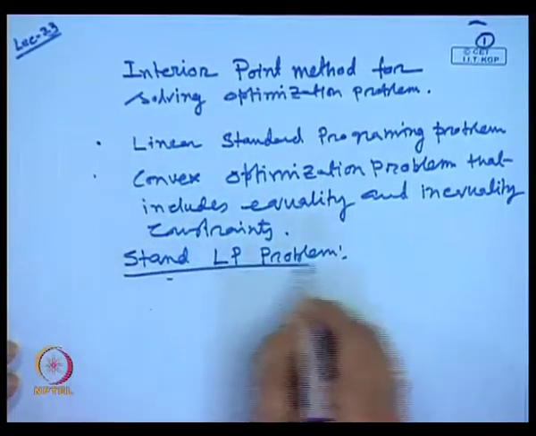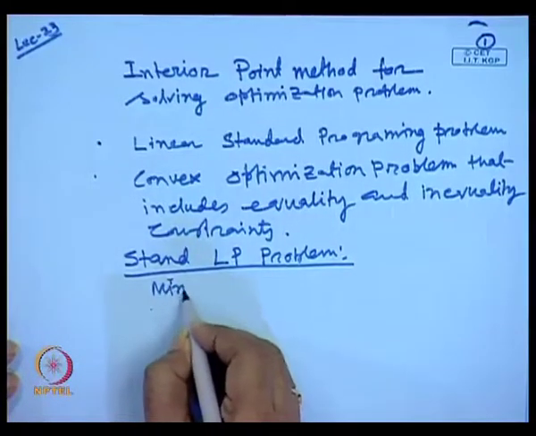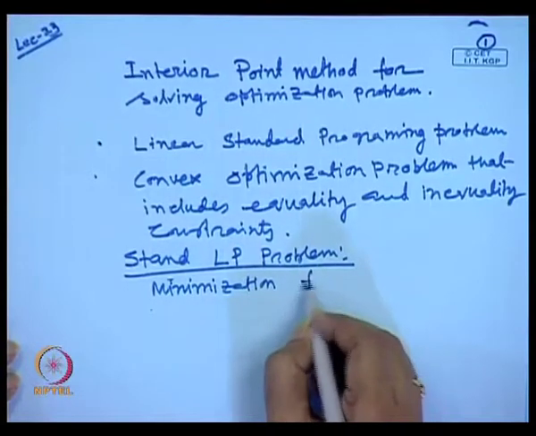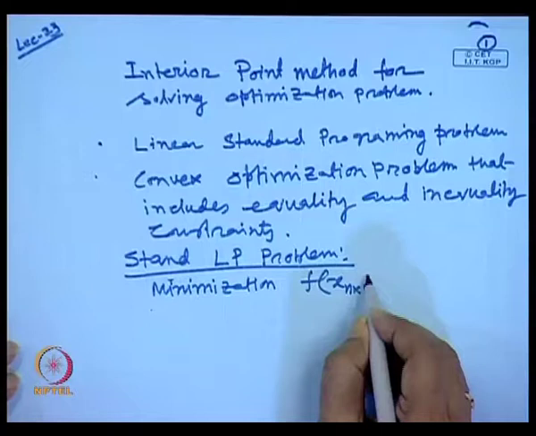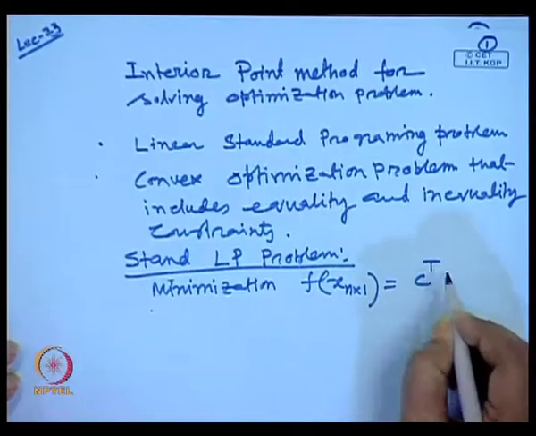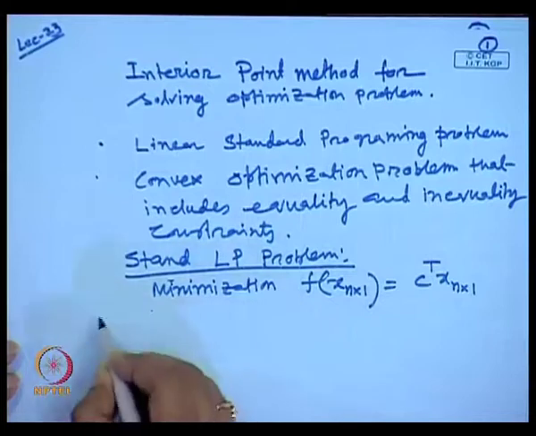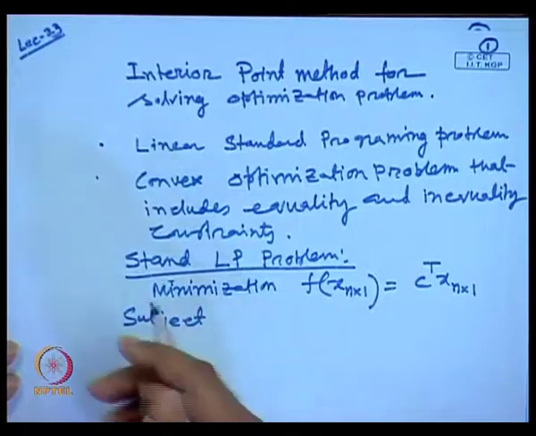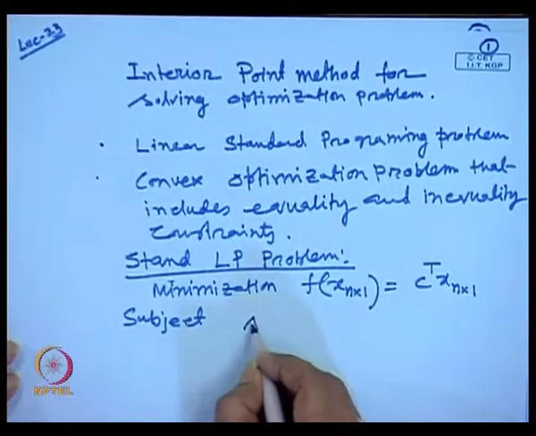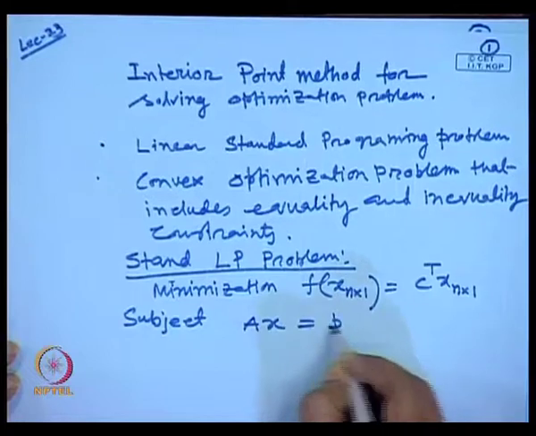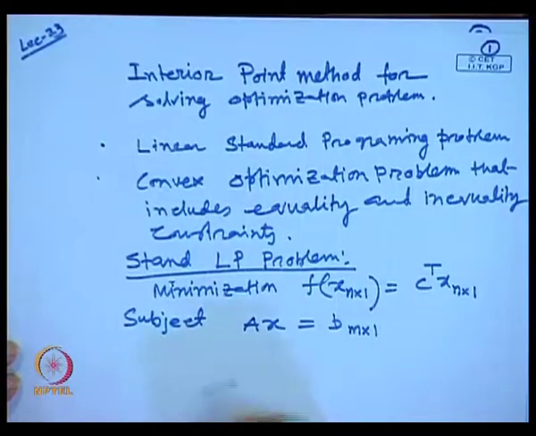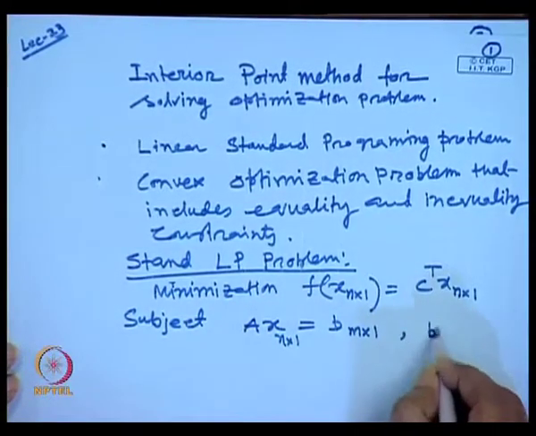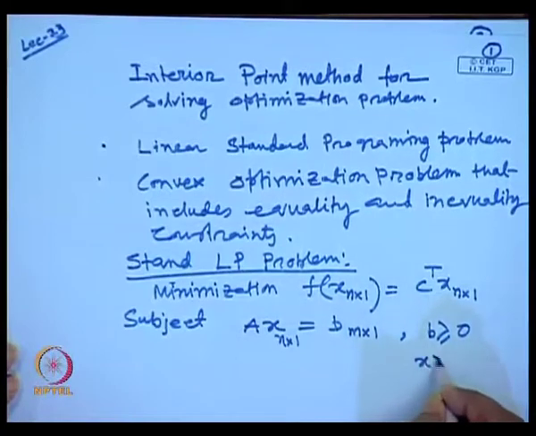Recall our standard LP problem is: minimize f of x, where x has dimension n decision variables, equal to c transpose x, subject to A x equal to b, where A has dimension m cross n, and b is greater than or equal to 0, and x is greater than or equal to 0.